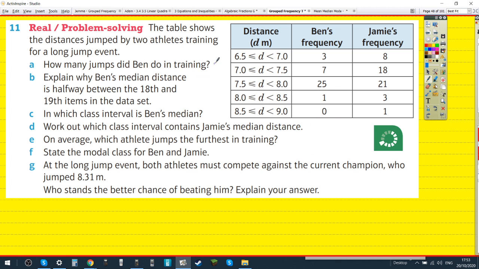Explain why Ben's median distance is halfway between the 18th and 19th items in the data set. Okay.